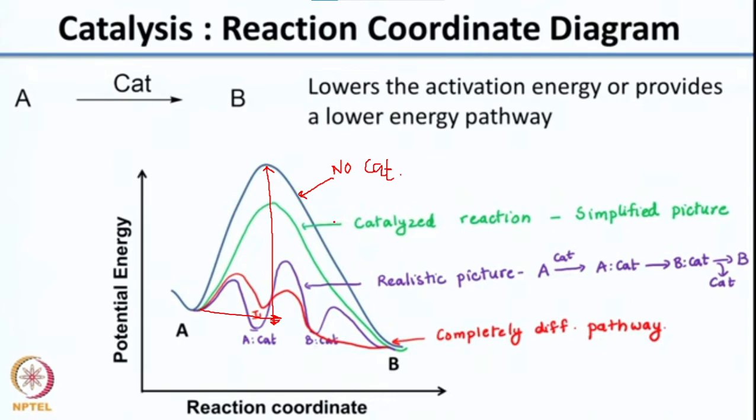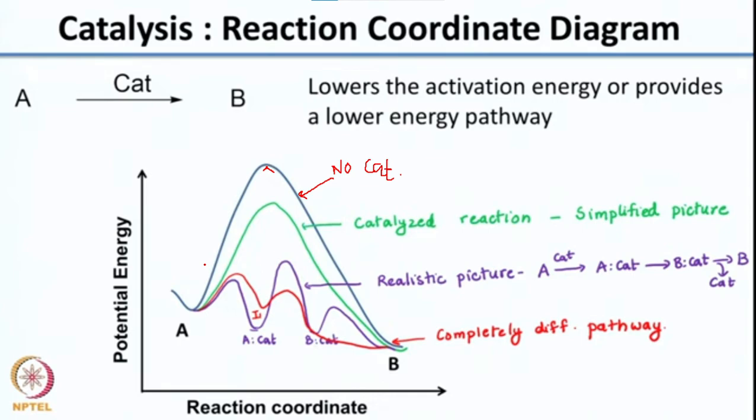So this is a simple way to explain the catalyst effect, but this is not the actual case of what the transition state will look like. So what will be the realistic picture? Here, when the catalyst was added, it actually changes the path of the reaction. It's not following the same path, because formation of different types of intermediates is taking place.